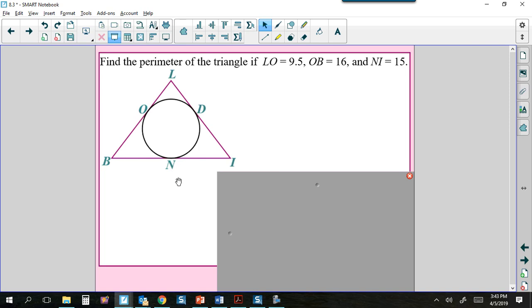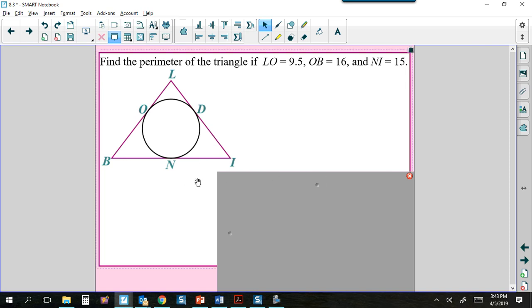I don't care how I drew it for you or how Mrs. Ness drew it for you. What you are able to conclude is that if LO is 9.5, LD is 9.5, because these are equal. If OB is 16, then BN is 16 because these are equal. And then if NI is 15, then so is DI because these are equal.